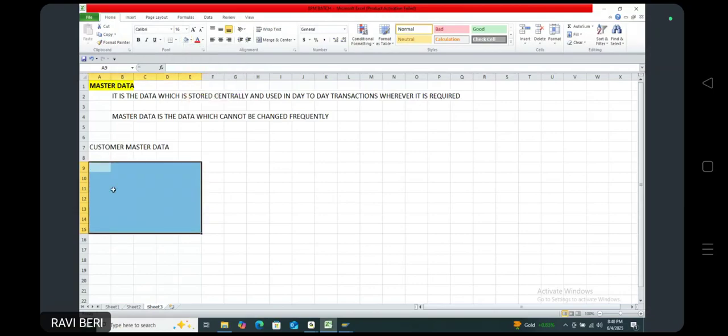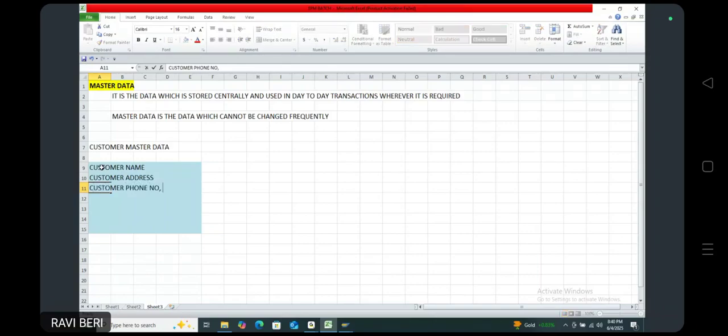So we store customer name, address, customer phone number, email, bank information, means payment, unloading information, functions. So all these we maintain here.